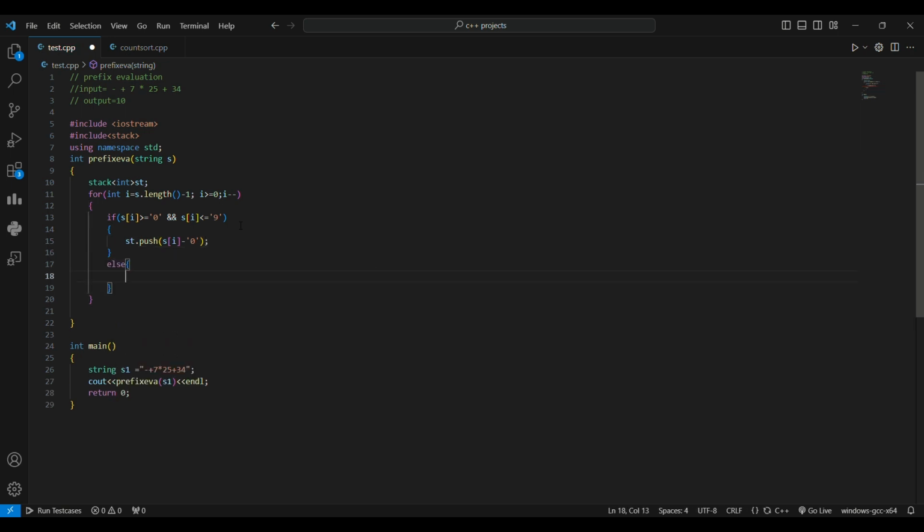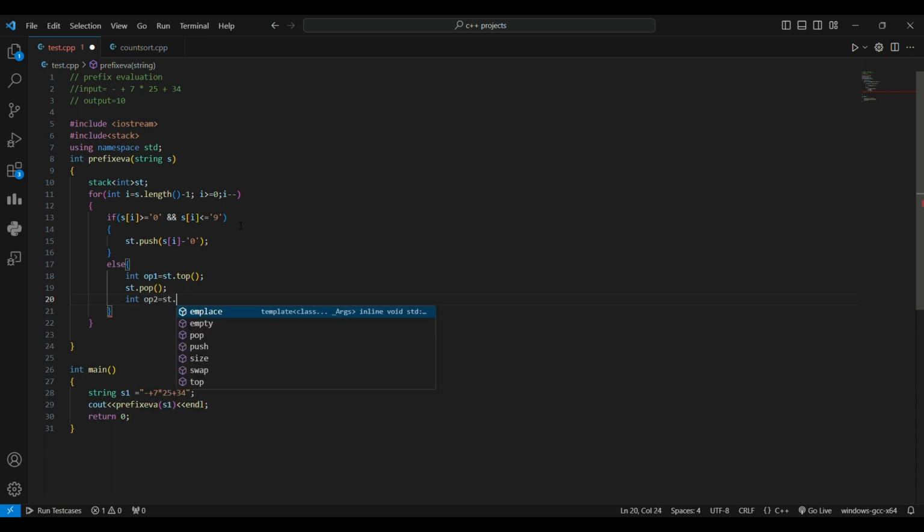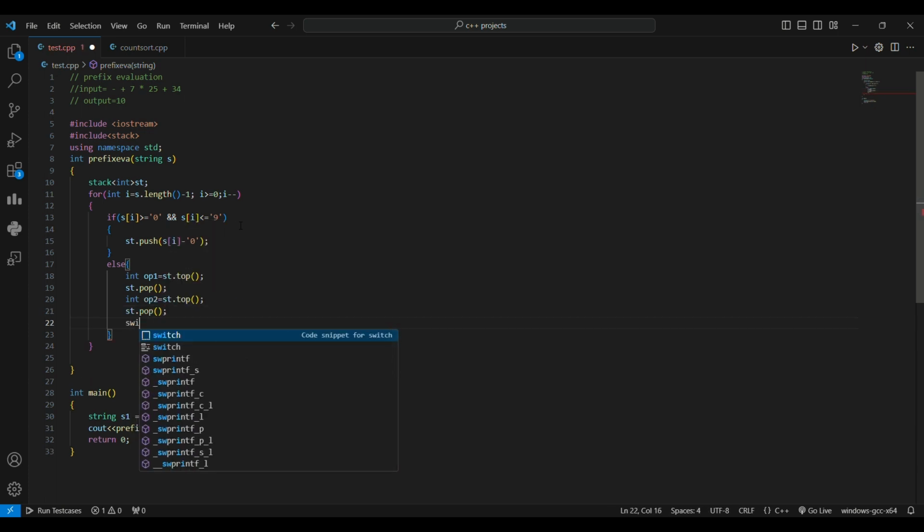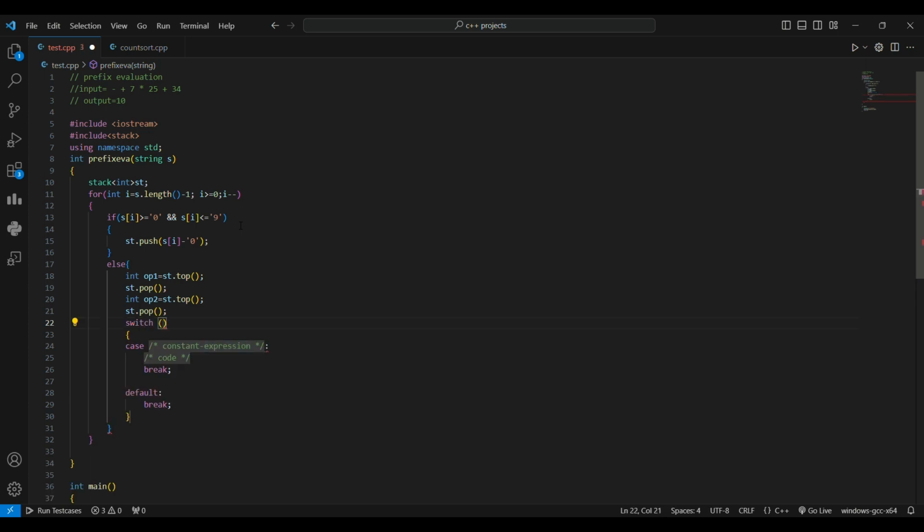Then we take operand 1 from the stack top and pop it, and we take operand 2 from the top of the stack and simply pop it out. So we are creating a switch which takes s[i] as the case.